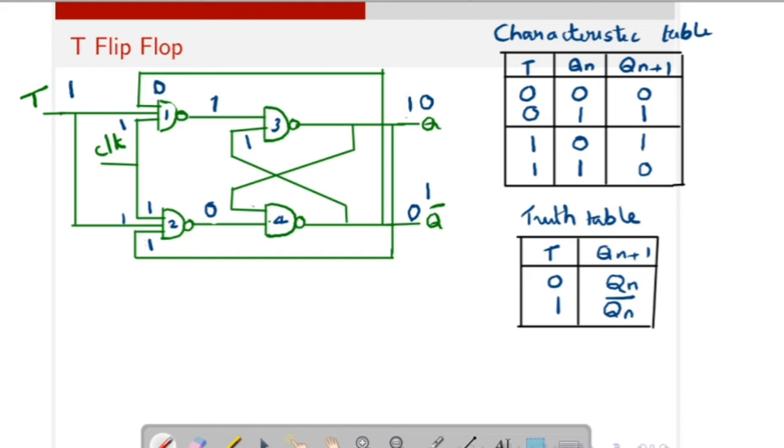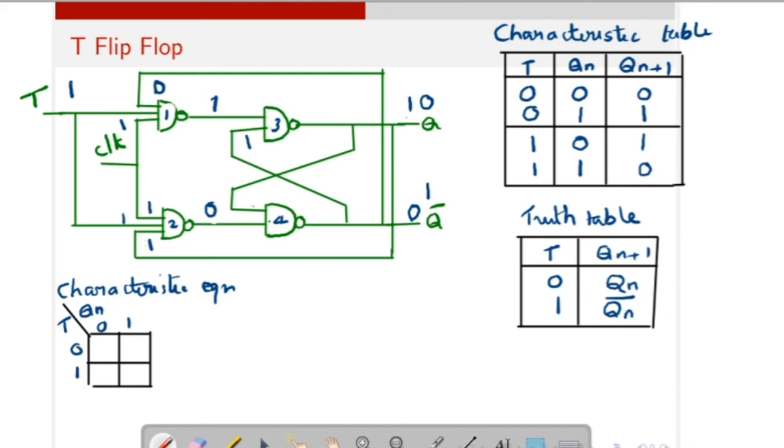Okay, next we can derive the characteristic equation from the characteristic table. The characteristic table inputs are T and Qn, so we have to draw a two variable K-map. Okay, this is the two variable K-map. Inputs are T and Qn.